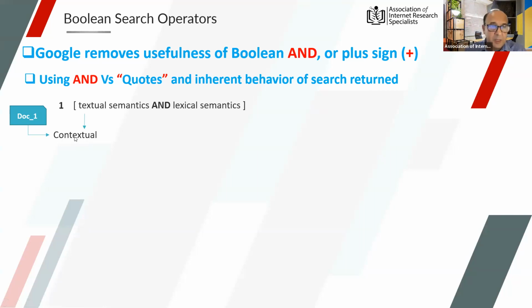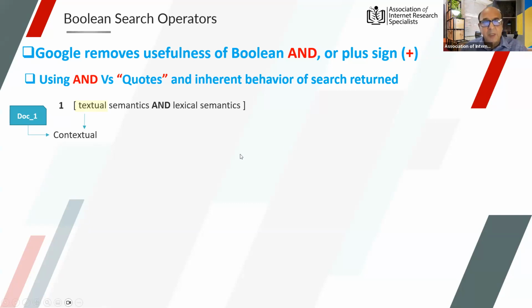And this is what Google has started doing. It wasn't so before, but now it's doing it. It's a behavioral issue. Maybe they need a correction, but because it's a reality today, that's why I'm mentioning it. The word contextual would appear as if it is just as good as textual. So this is one situation, and later we'll get to the quotation marks.